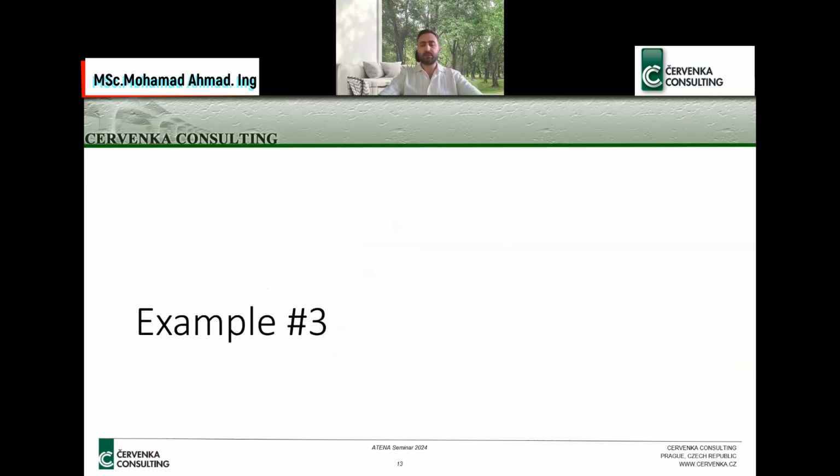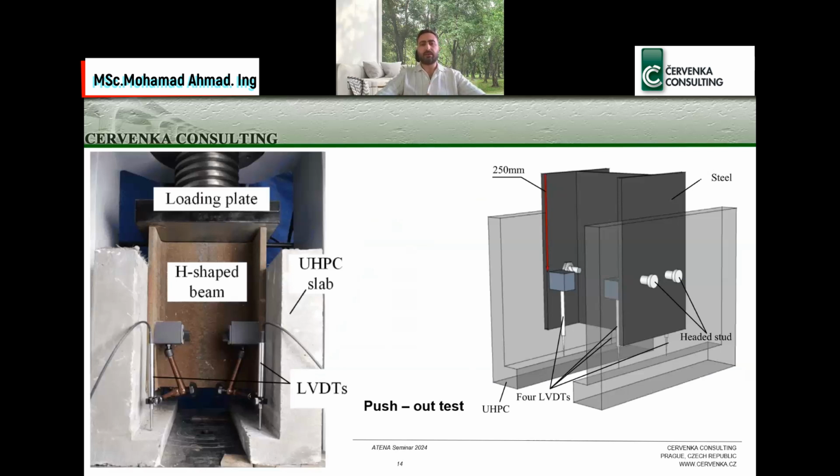Third and final example is about a push-out test. It's very similar to the example before, but here it's a push-out test. This test contains two concrete slabs connected to the steel beam by connectors inside, as you can see here.